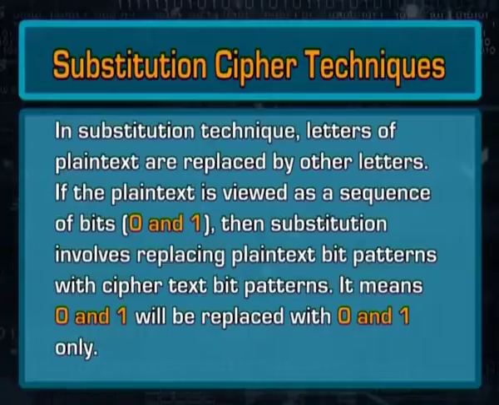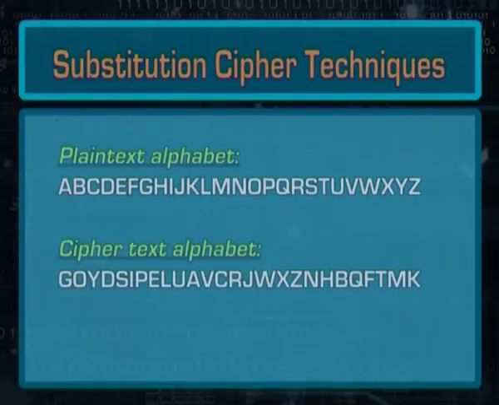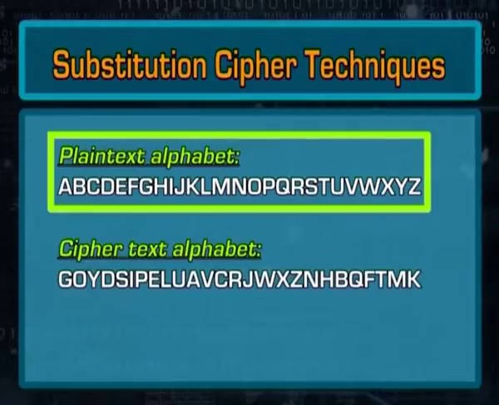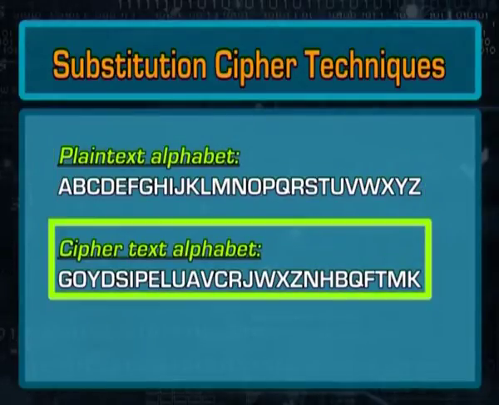It means 0 and 1 will be replaced with 0 and 1 only. To write down a key for the substitution cipher, we first write down the alphabets and then a permutation of the alphabets directly under it. It means plain text will be written over, and under that we will write the ciphertext or the key.